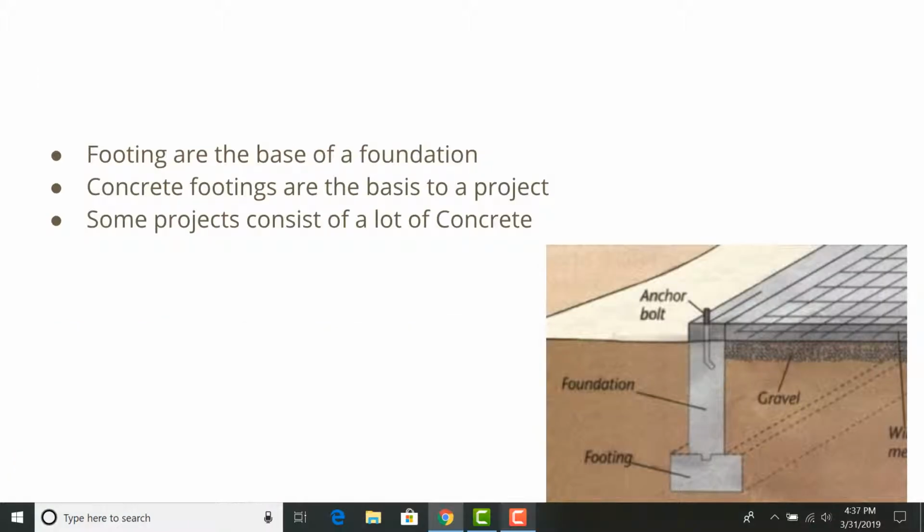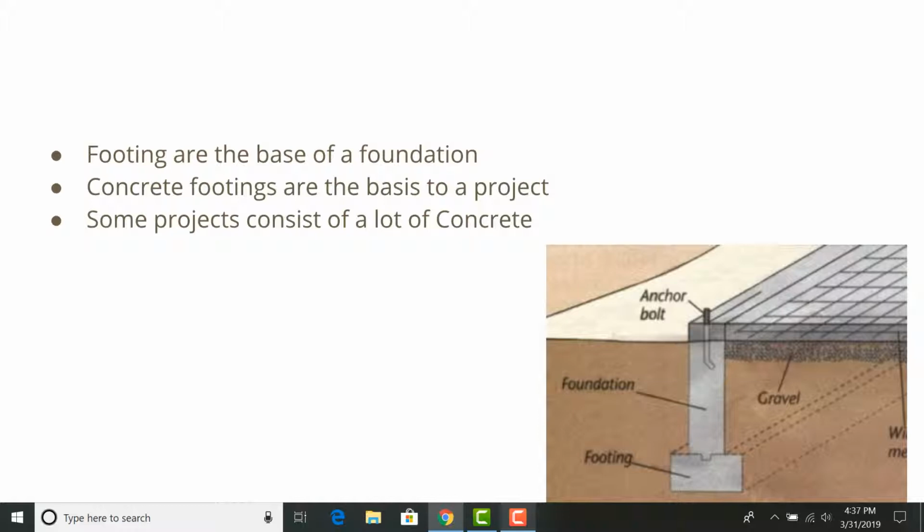Footings are the base of a foundation. Concrete footings are the basis of a project. Concrete is one of the most important scopes of work in a construction project. Many companies strive to be the greatest in this field of work.